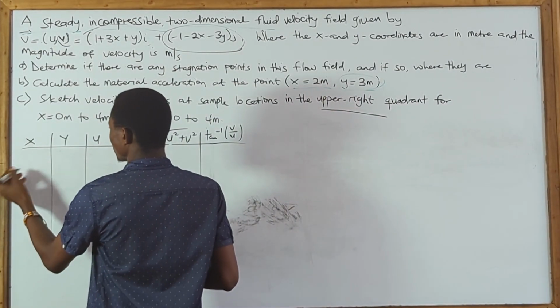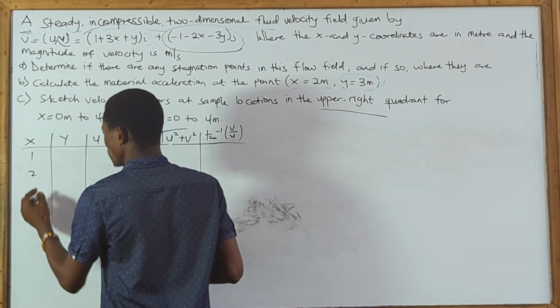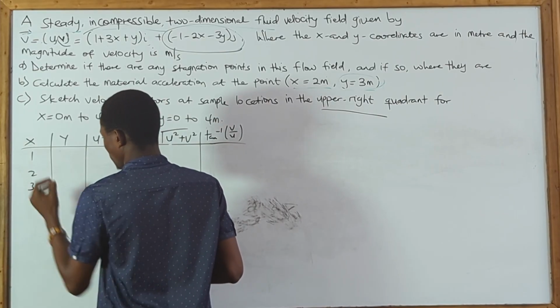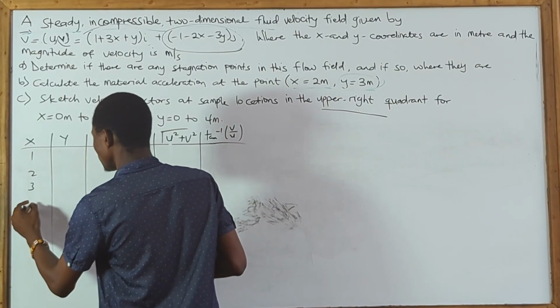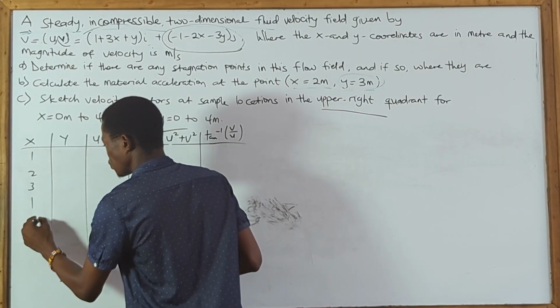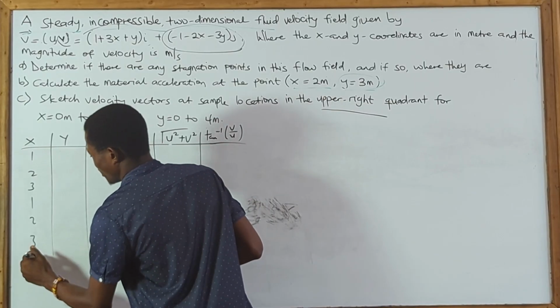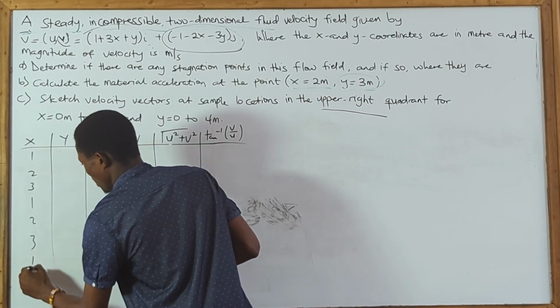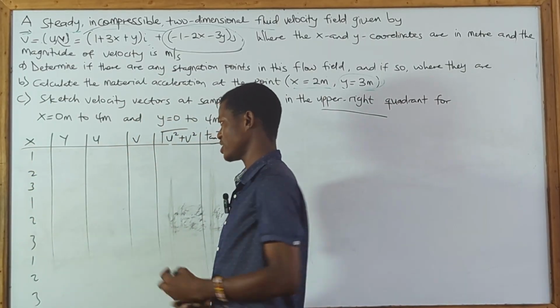So I'll start with 1, 2, 3, and come back to 1, 2, 3, then 1, 2, 3. So let's get about 9 points.